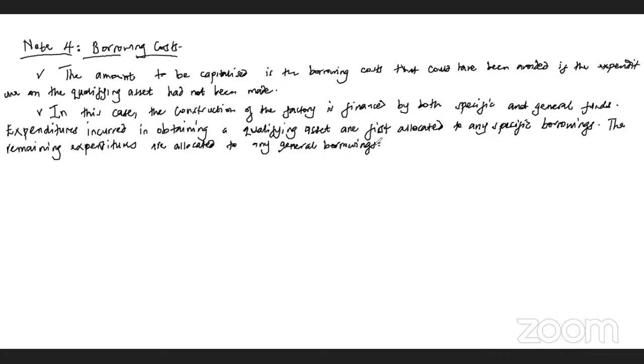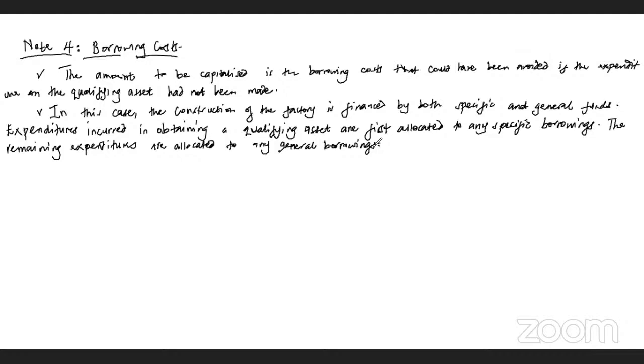So we see we have 25 billions incurred, but out of the 25, how much comes from specific borrowings? If I'm asked, Milka and Winnie and the others, we're incurring 25 billions on the construction of this factory, but how much comes from the specific funds and how much comes from the general funds? I think if we go back to the question, 14 comes from specific borrowing. And then the balance comes from general funds.